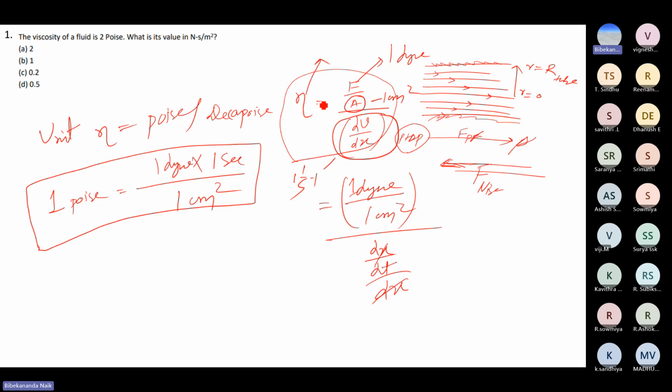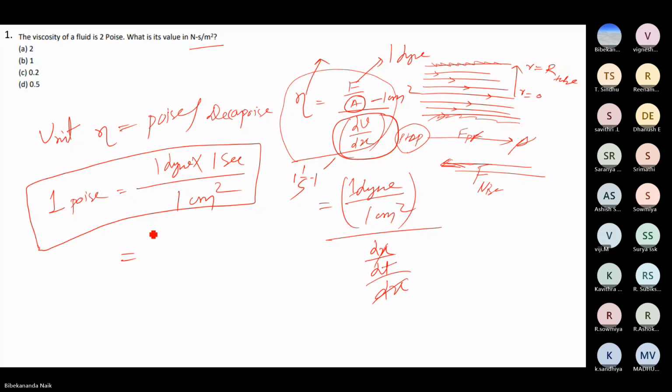So 1 poise is the amount of force, 1 dyne, required for 1 centimeter square of cross-sectional area to create a unit velocity gradient. So this is the expression for 1 poise. It is 1 dyne into 1 second by 1 centimeter square, but we have to convert it into Newton second per meter square. So 1 dyne is how many newtons?